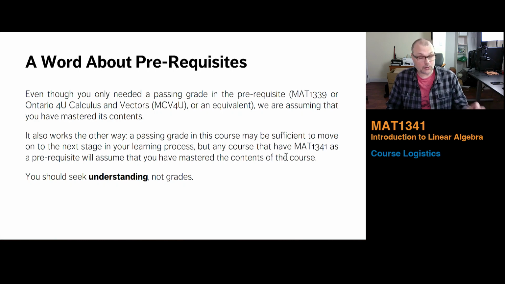It'd be great if you got a good grade in this course, but what's more important is that you understand it. You are better off with a B+ now and an honest-to-goodness understanding that you can use 3 years from now when you take your quantum mechanics courses or 3rd-year linear algebra class, than you are with an A- or an A that you got just because you learned how to reverse engineer the questions or you got lucky on the final exam.